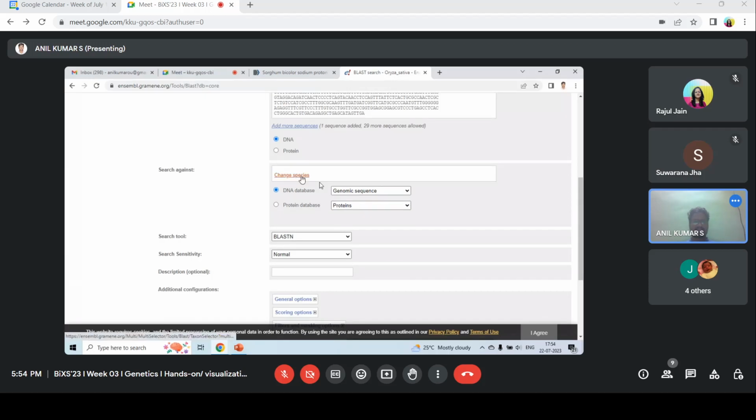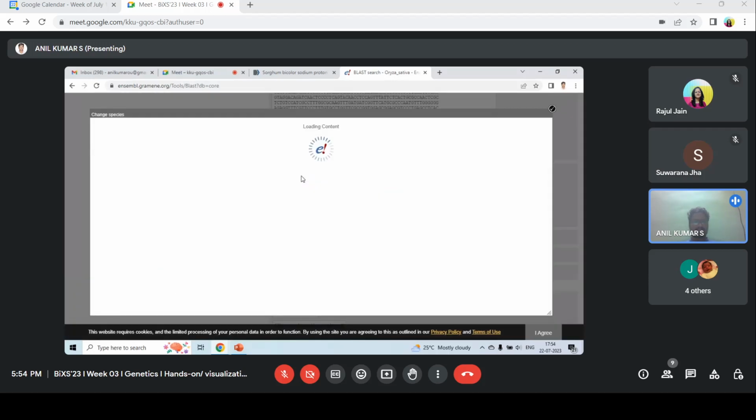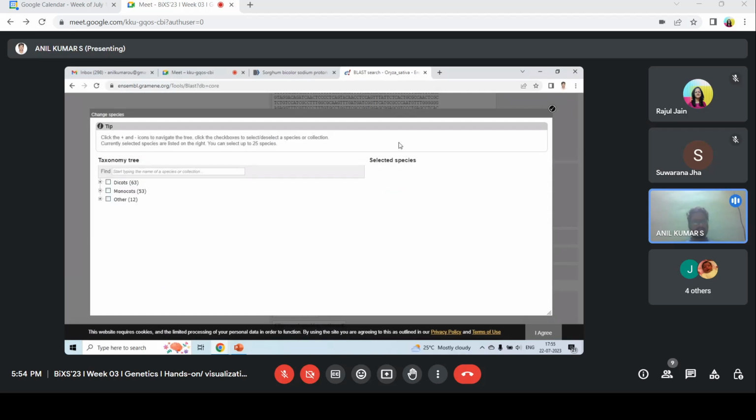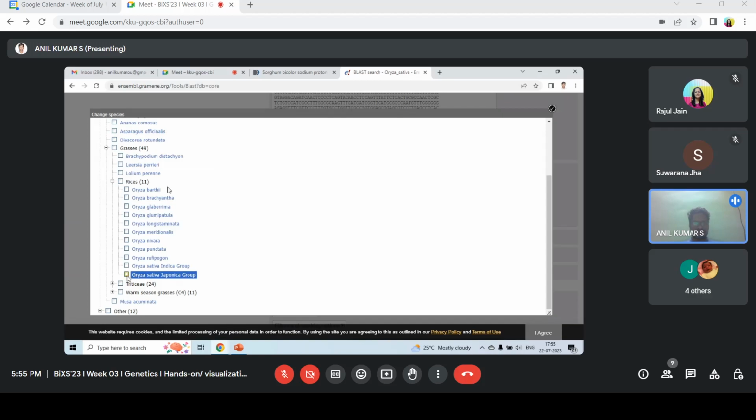For this, click on change species. A new pop-up box will come like this. Type rice, or rather go with the scientific name. Rice's scientific name is Oryza sativa. Whether you take the Indica group or the Japonica group, no issue, you can choose any one. Check the box.